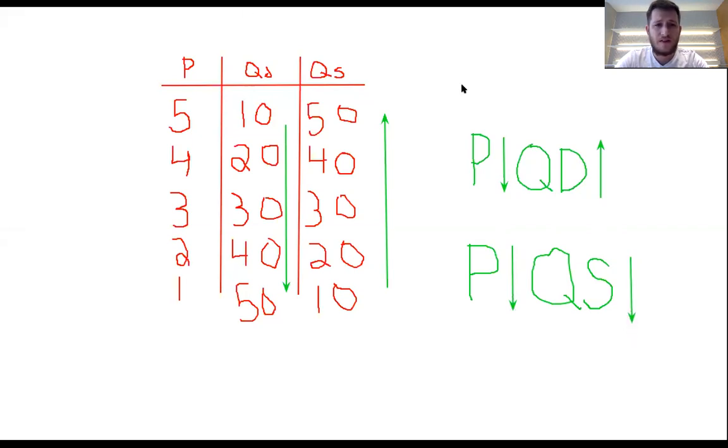So this is due to the law of supply and also the law of demand.